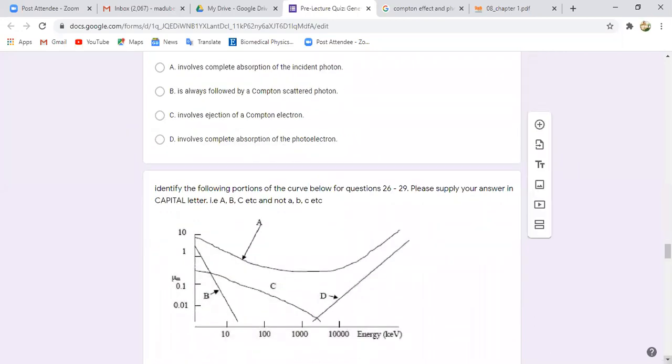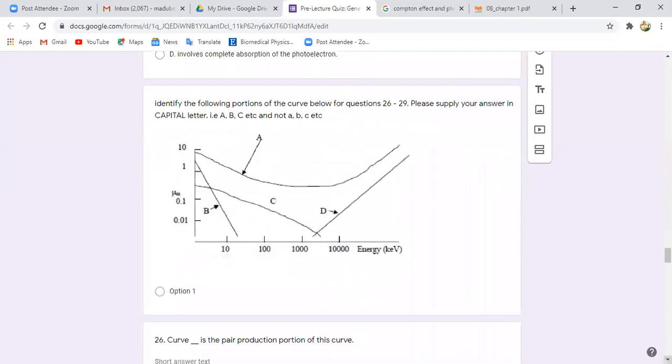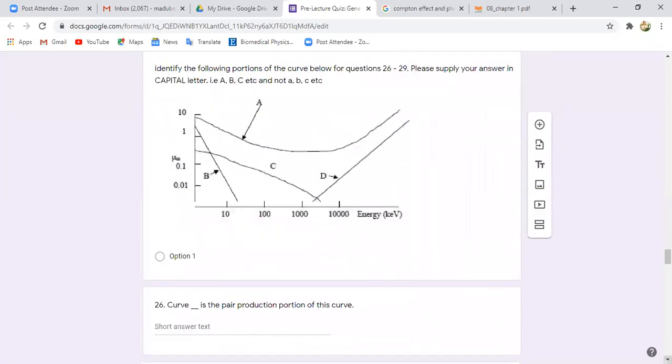This is to identify the following portions of the curve for questions 26 to 29. Please supply your answer in capital letter A, B, C, or D. So for this curve, A is the total portion. B is the photoelectric, it's a straight line curve.